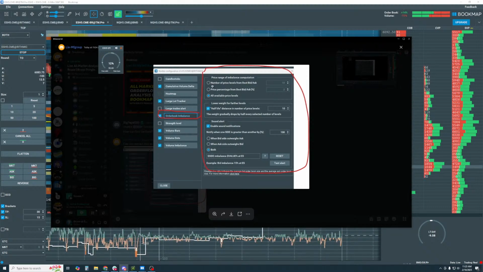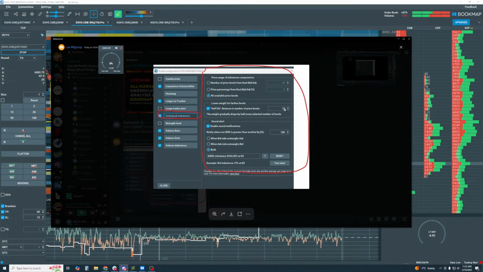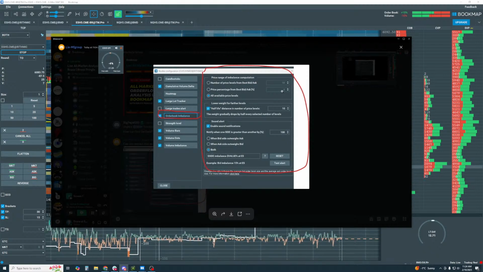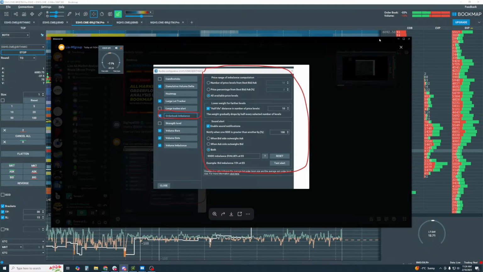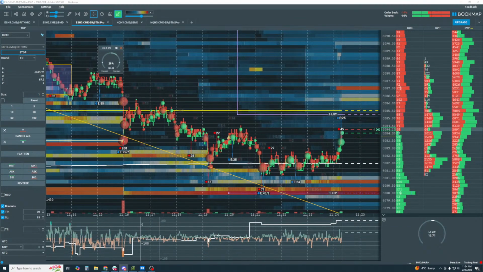So you can input the numbers up here, as you can see, and then here half-life. What this means is for every 10 levels, basically the first 10 levels will be equally weighted. The next 10 levels are going to be half the importance, or half the weight, compared to the first 10 levels. Okay, and that will repeat again and again.